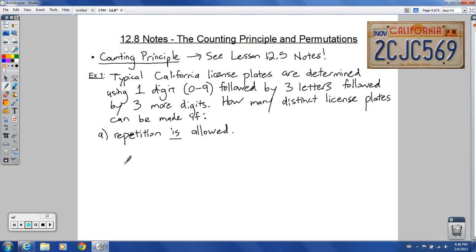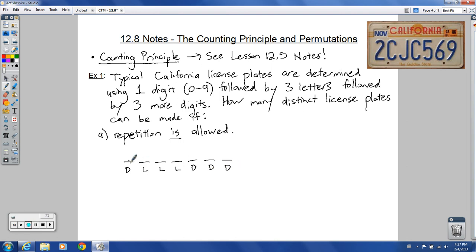So think of it this way. There are 7 spaces to fill: 1, 2, 3, 4, 5, 6, and 7. These are the 7 digits and or letters on your license plate. This first one we'll call D for digit. These next 3 are going to be L for letters. And then the last 3 will also be D for digits.